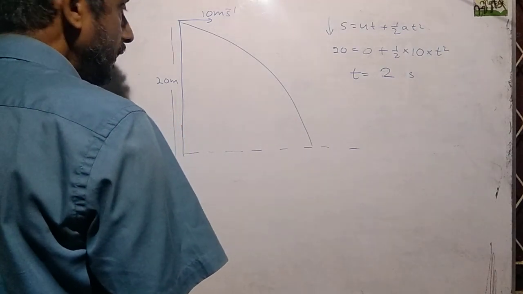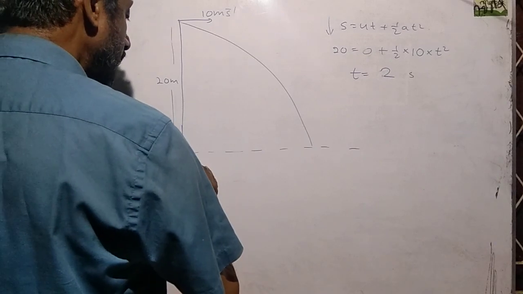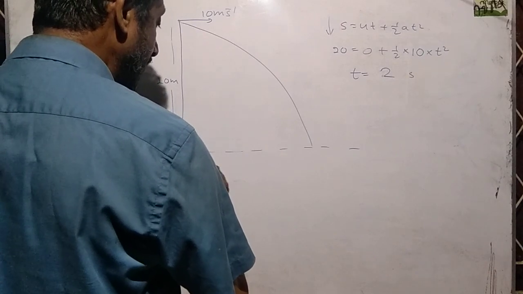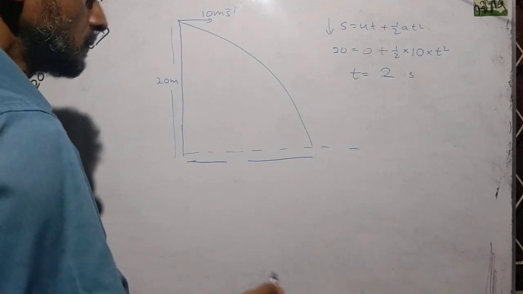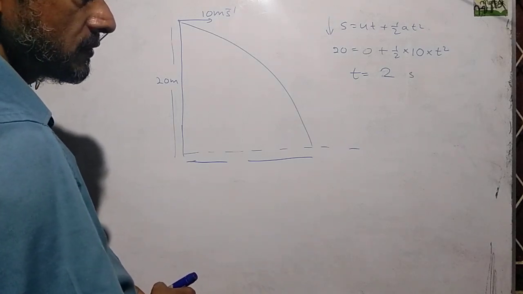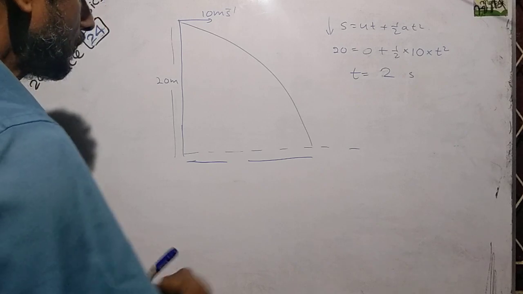Then I calculate the horizontal range to the point where the ball hits the ground if the ball does not split, the horizontal range from the building.